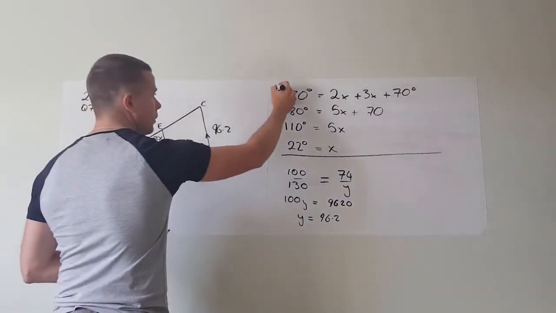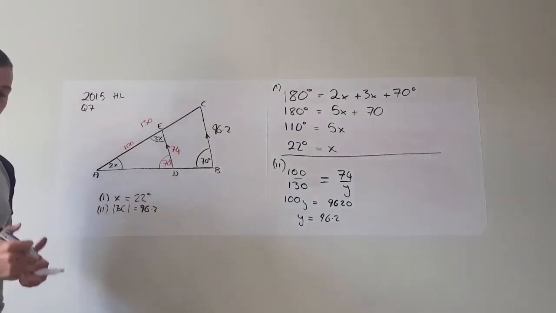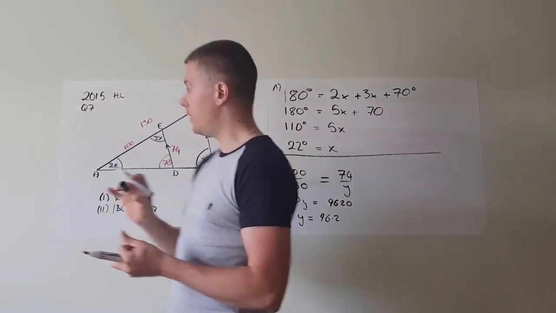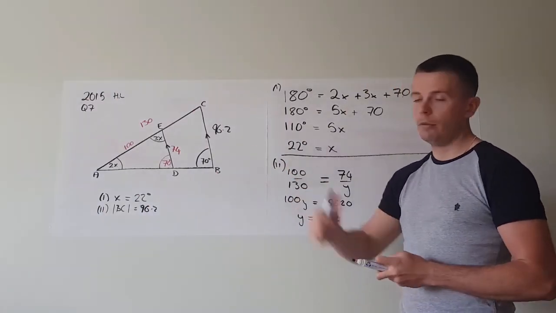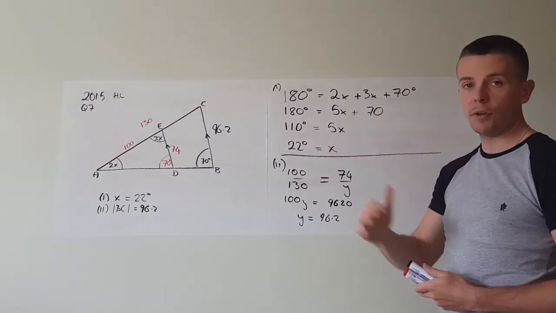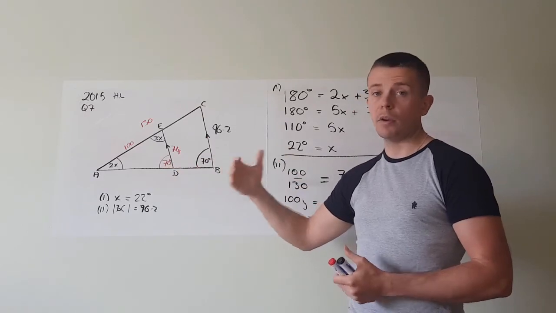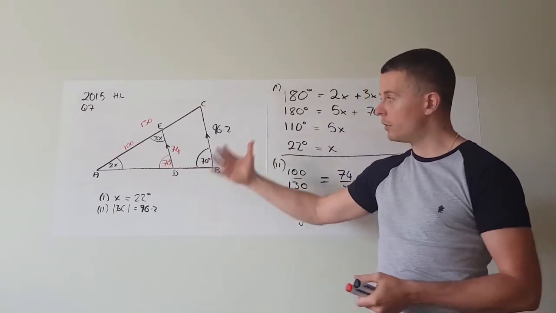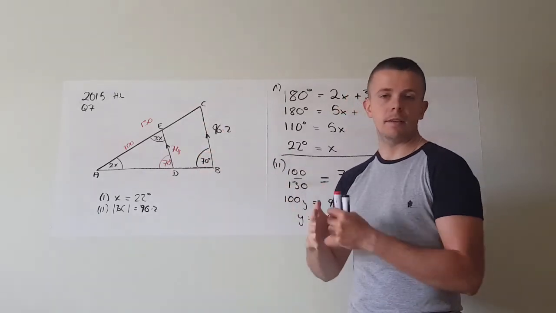So this is part 1, and this is part 2. All right, so again, how do we do questions of this nature? I urge you to have a look at this, rewind and skip the video back to the start of this question, have a look at it again. We have got 2 triangles which are similar. They're not congruent, so they're not the same, but they're similar in that the angles are the same, but the lengths of the sides are different.